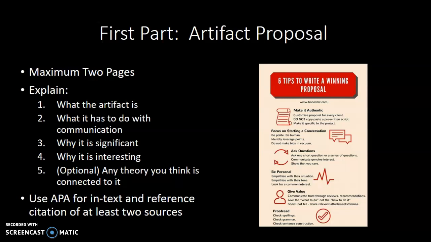So you would write something like, the television show House was very popular for these years, and these 2 characters were of particular interest because, and maybe I think that it relates to the transactional model of communication because.